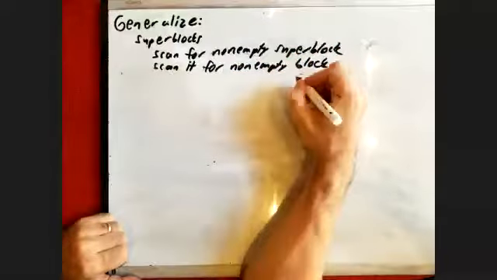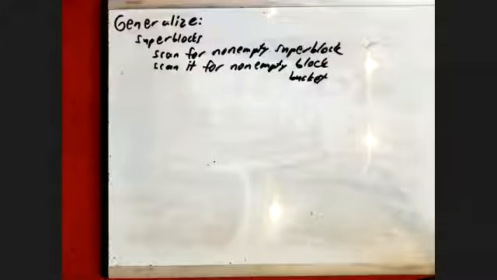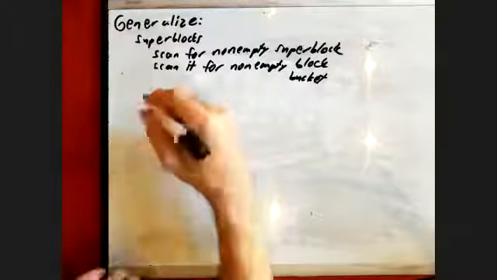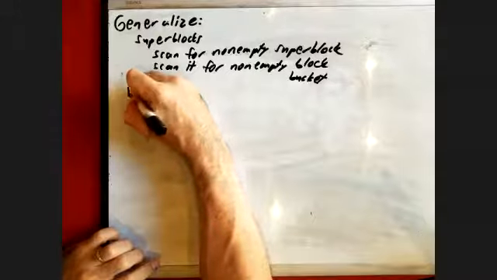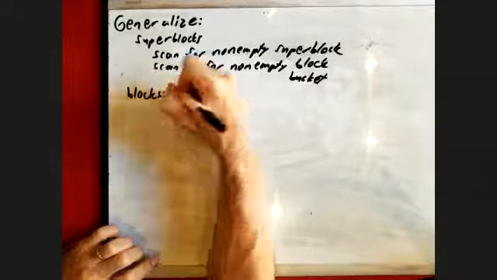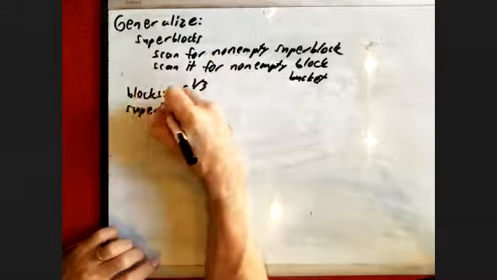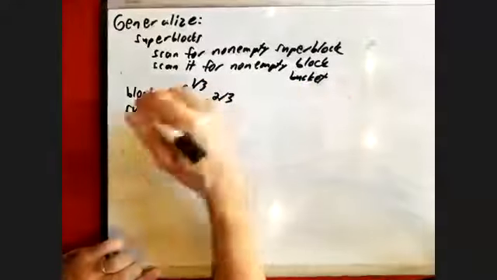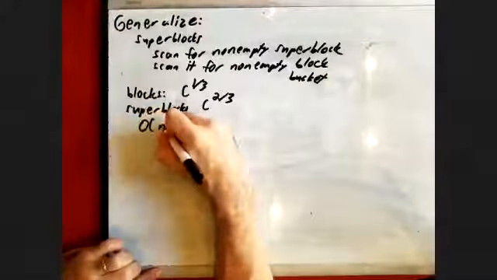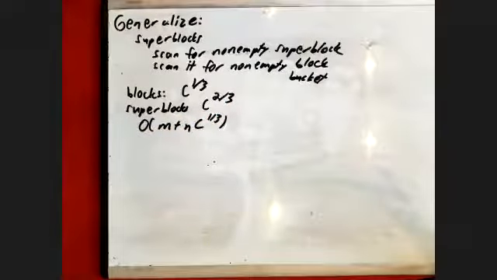And then we can scan that for a non-empty bucket, right? And now if you do the balancing, it ends up that you want to set your block size to be C to the 1/3 and your super blocks to have size C to the 2/3. And you end up with an order M plus NC to the 1/3 time for doing your shortest paths.